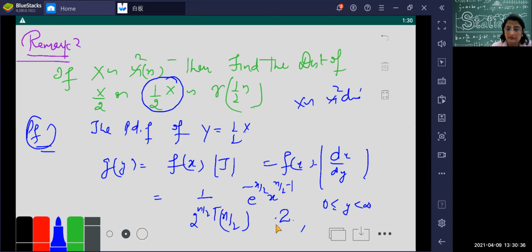Now what do we have here: 1 by 2 raised to power n by 2, into 2.